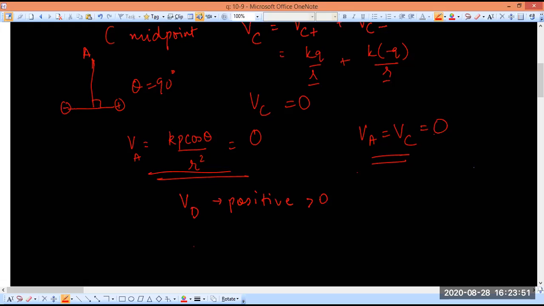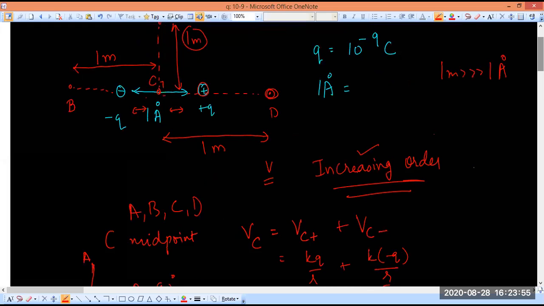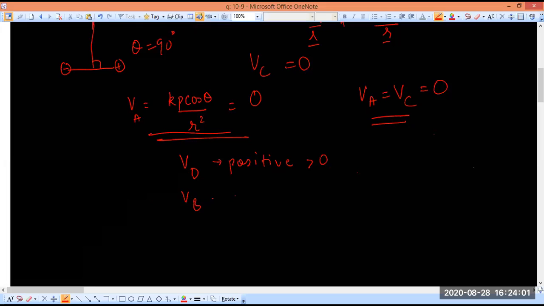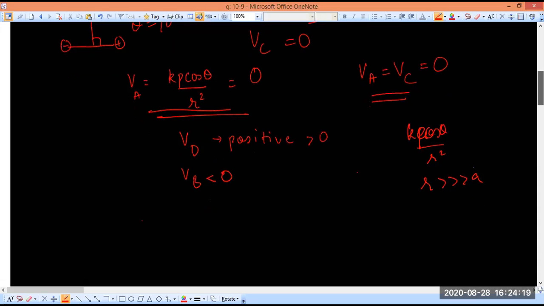But potential at B, which is on the negative side over here, close to the negative charge, that's why the potential at B is negative, right? I'm not finding the value. You can find the value if you want. There's nothing wrong with it. You just have to use this Kp cos theta by r square formula, because r is much greater than A. So that's how finally we get this order.